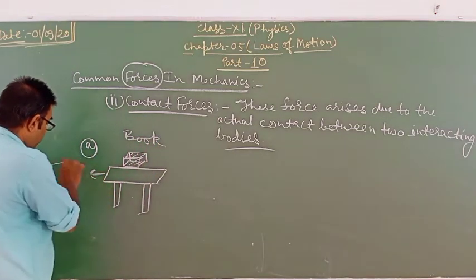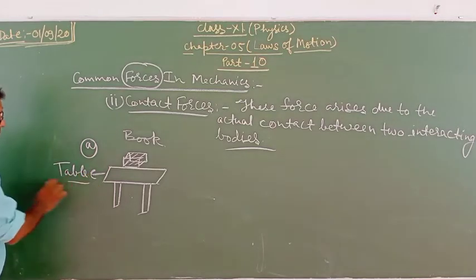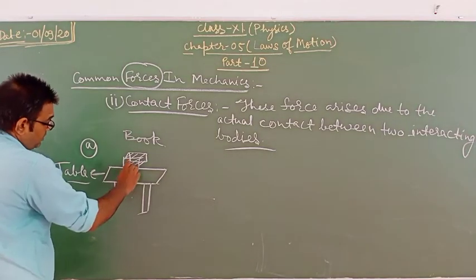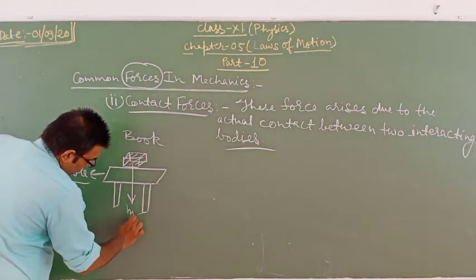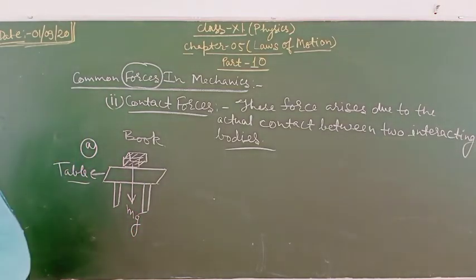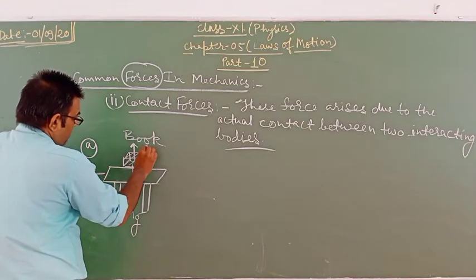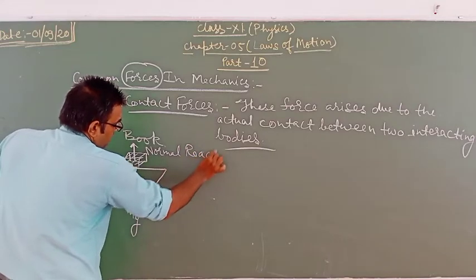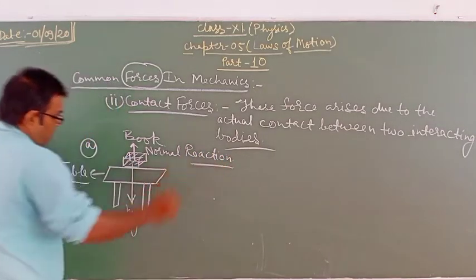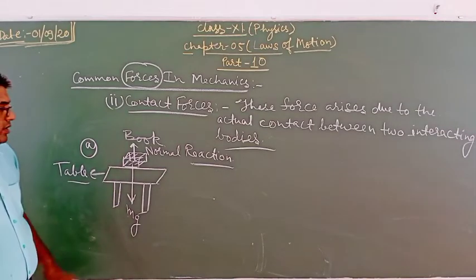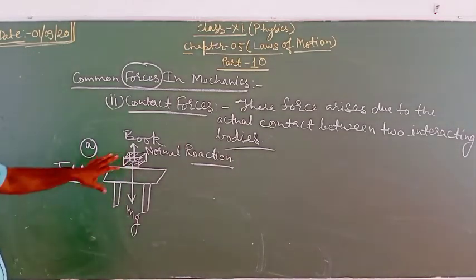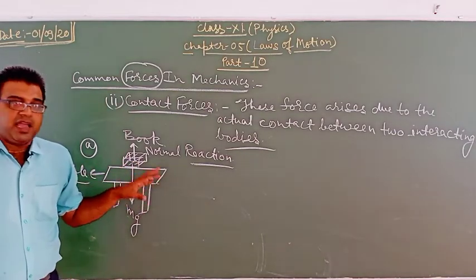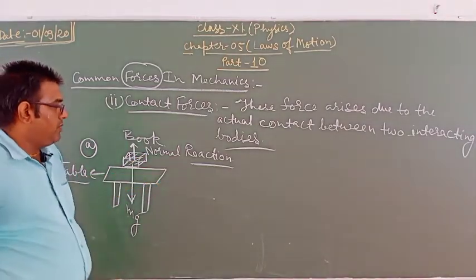The forces: this is the weight mg, and there is a normal reaction which counterbalances the weight of the book, in such a way that the book is in equilibrium and the net force on the book is 0, and the book remains at rest on the table.